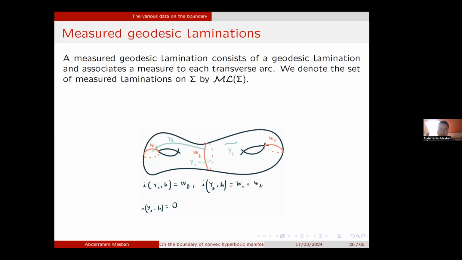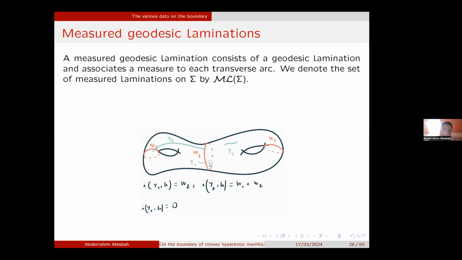It is a geodesic lamination, a closed set that consists of disjoint simple geodesics, and moreover it induces a measure on each arc transverse to this set of geodesics. Here is an example: we take three geodesics, and we put a weight on each geodesic, here W1, W2, W3, and we take any arcs transverse to these geodesics.